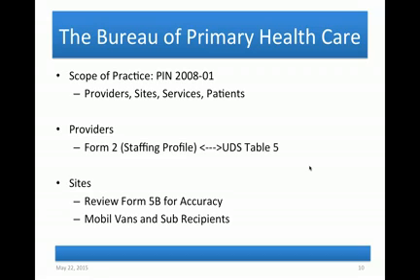And probably the most important resource that you can use in this is called Scope of Practice, or PIN 2008-01. There are 4 areas that the Bureau monitors, and that's probably an oversimplification, but the 4 areas that we report as part of a site visit are providers, sites, services, and patients.